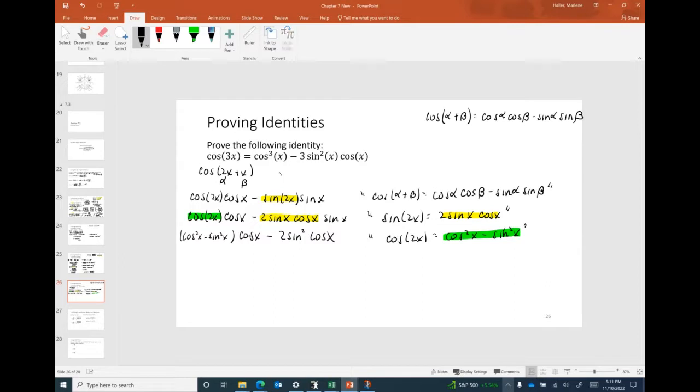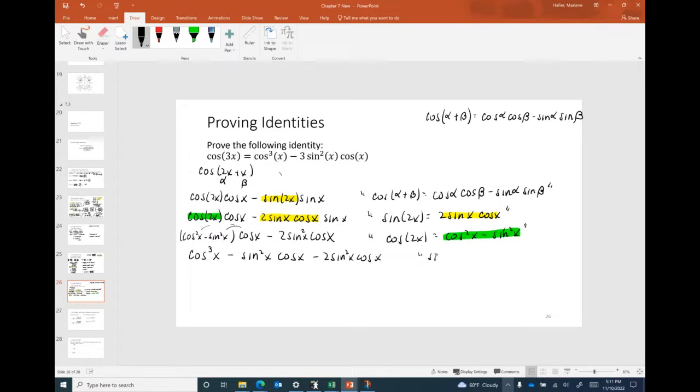This is looking better. Now let's just simplify by distributing that cosine x. So we'll have cosine cubed x minus sine squared x times cosine x, and then minus 2 sine squared x cosine x. All right, so I made that substitution.